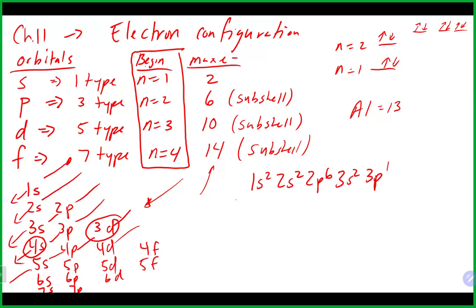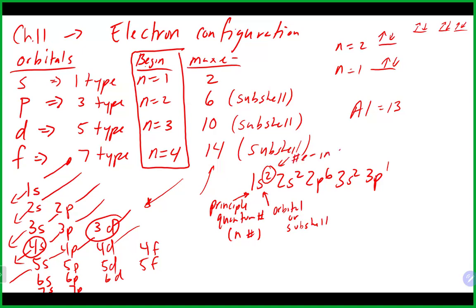Once again, this is how we properly write electron configuration. The first number is the principal quantum number, which is that n number. This is the orbital or subshell that the electrons are in, and the number on top is the number of electrons in an orbital or subshell.